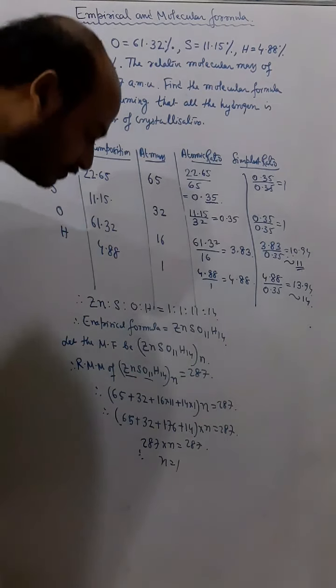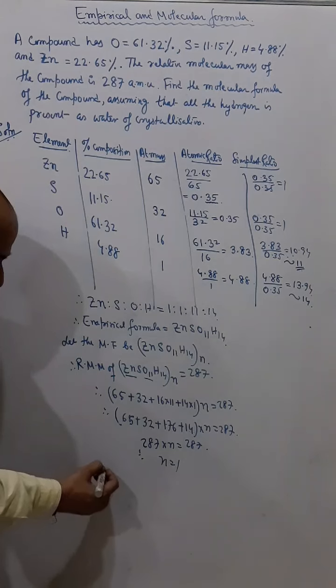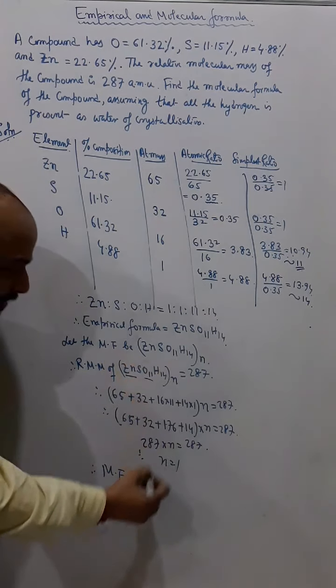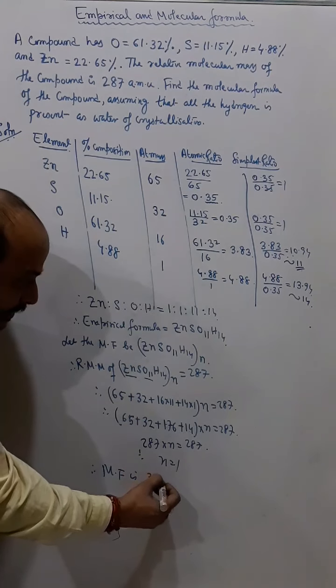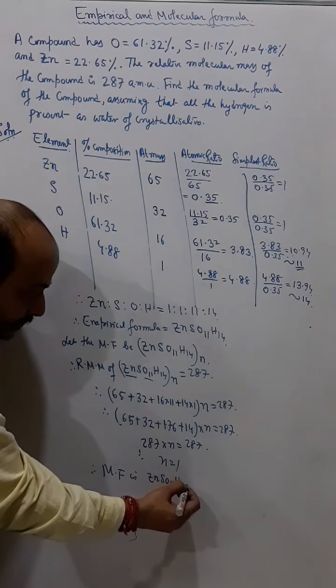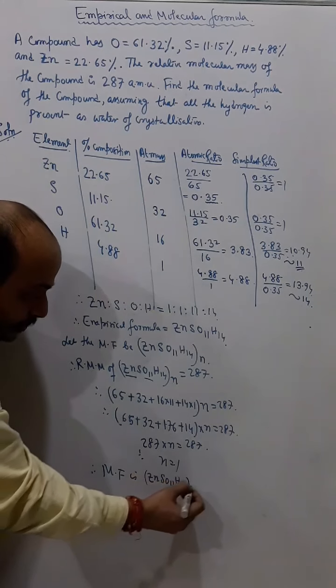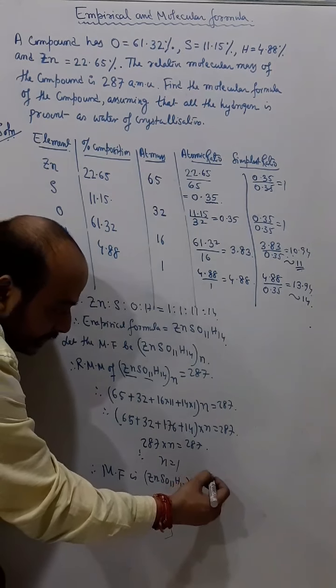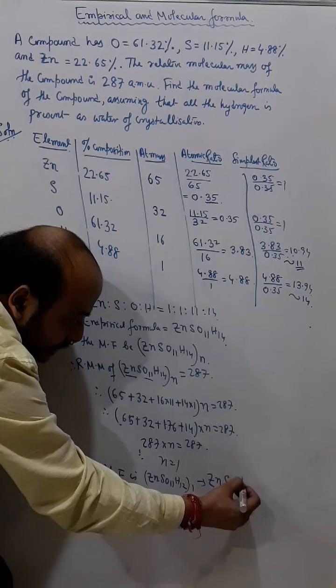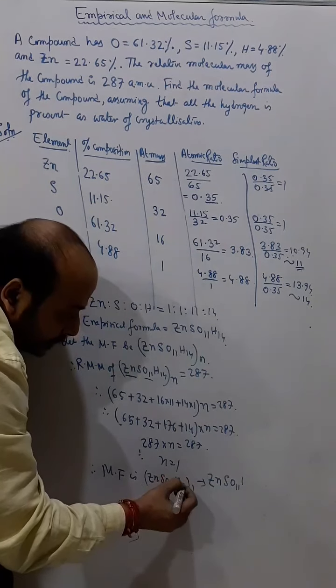Therefore the molecular formula will be the same: ZnSO11H14 into 1, that is ZnSO11H14.